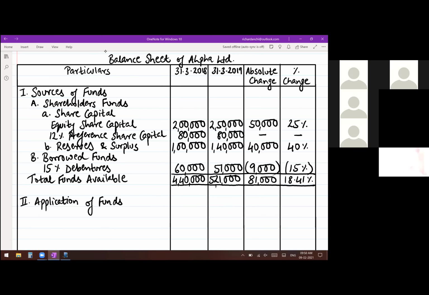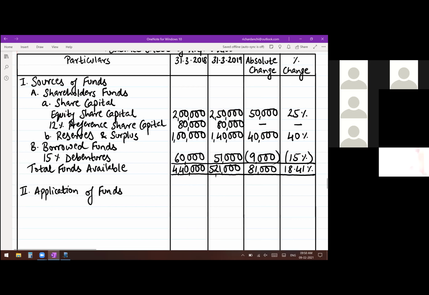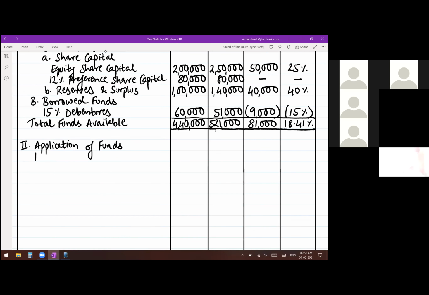Starting with first the fixed assets. So write down fixed assets, and we will make a list this time because all assets are mentioned separately here. Now look at the asset side. The first three items all are fixed assets. Right, the first item, land.